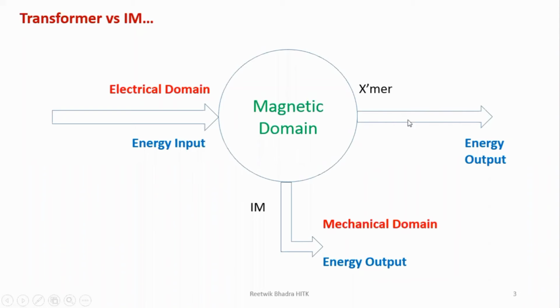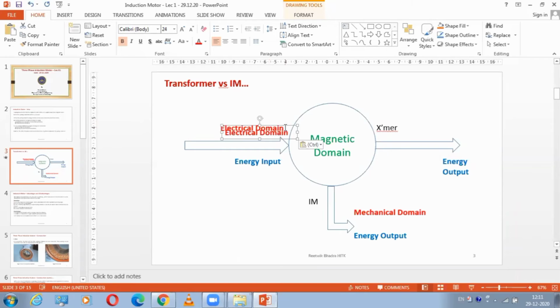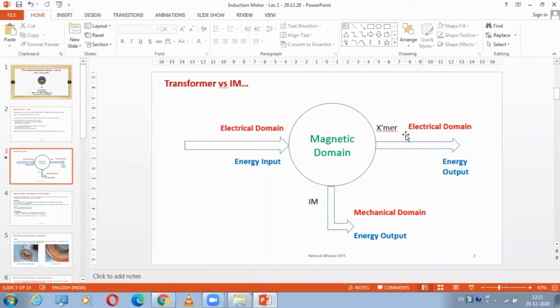Otherwise, in which domain can we have the energy output? In the electrical domain. At the output over here we can have an electrical output for a transformer. So in a transformer we have electrical energy input as well as electrical energy output.